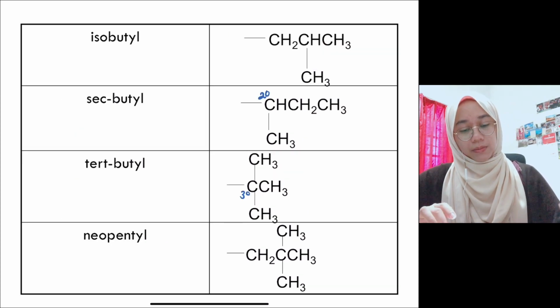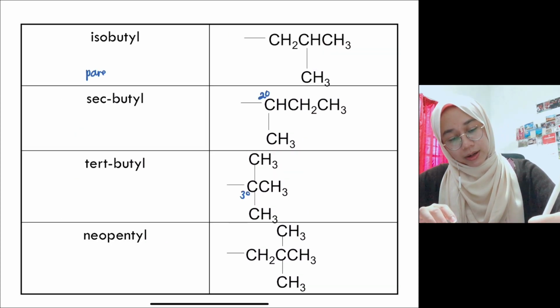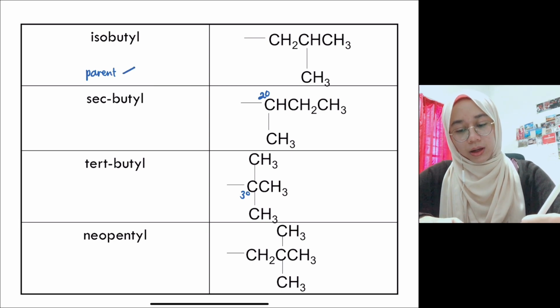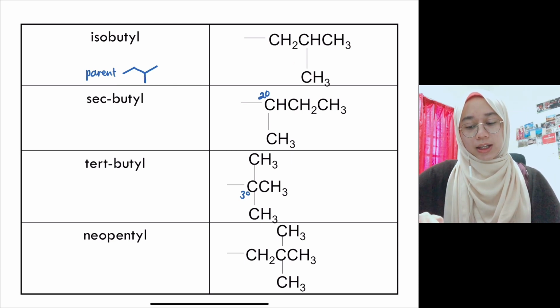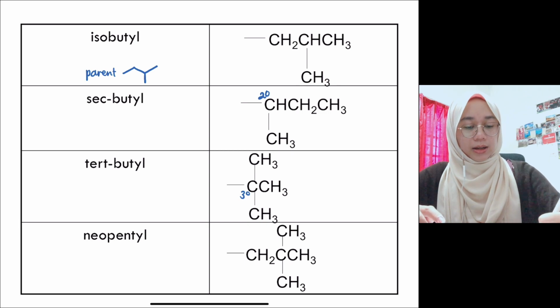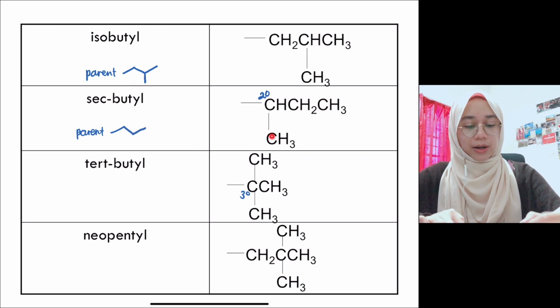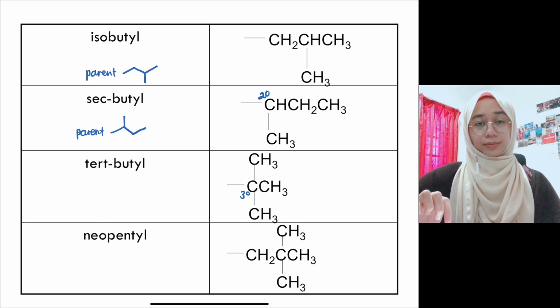Meanwhile kalau ni kita ada parent, and then dia attach dengan 1, 2, and then 3, tapi dekat number 2 ni tadi ada CH3. And then kalau sec-butyl pula, kita ada parent 1, 2, 3, tapi the CH3 berada dekat sini.